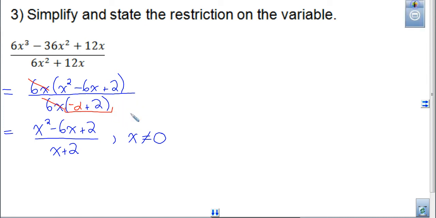So it ends up that we have another restriction of x cannot equal -2. So I can just put a comma here and then a -2. We can also see it in this step right here. If we substitute in a -2 for x, the denominator is 0. So make sure that you check all of your steps, check the denominators every single time for those restrictions.